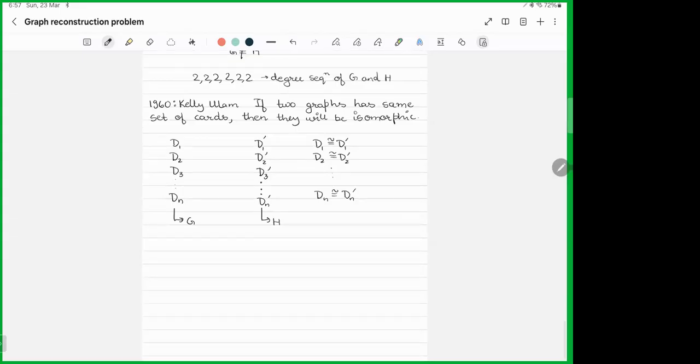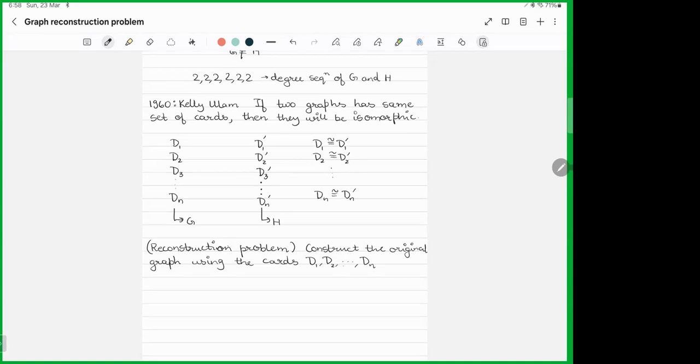You have seen that in the case of cycles it was true. This is known as the reconstruction problem, where you want to construct the original graph using the cards D1 to Dn.